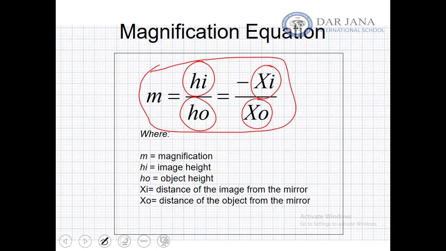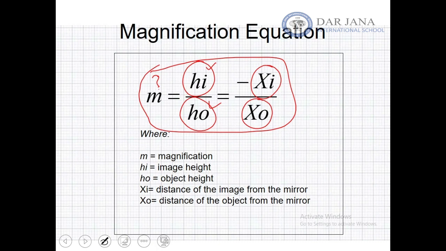Now, you could ask yourself a question. Which one are we going to use? M equals HI over HO, M equals negative XI over XO, or HI over HO equals negative XI over XO? Everything, guys, depends on the given itself. Sometimes if you have been given HI and HO, and you need to find the magnification, we simply use M equals HI over HO.